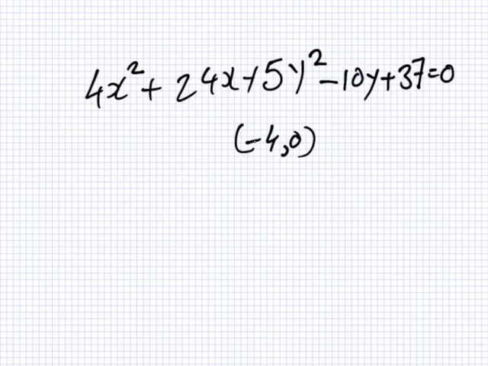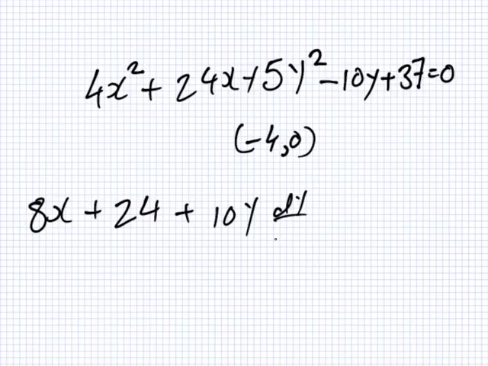Okay, let's look at this one, guys. I want the derivative at this point. So what's the derivative here? 8x plus 10y dy/dx plus 24 minus 10 dy/dx equals 0.